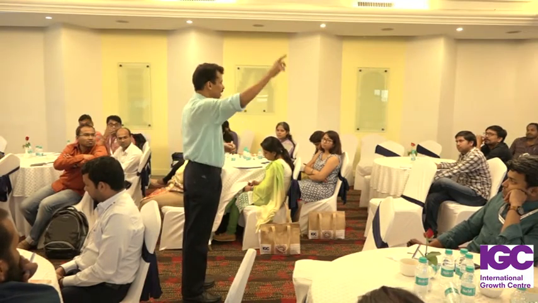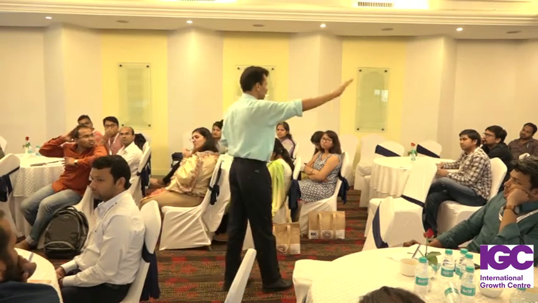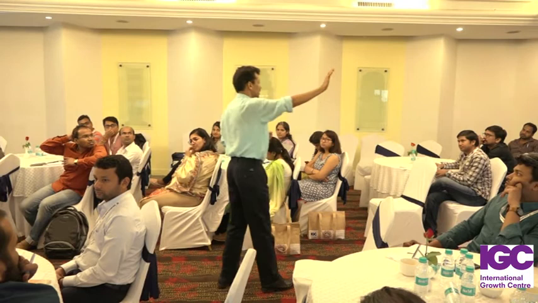But if you don't allow labor movement from one industry to the other because of labor laws... What is the labor law? The labor law says that if 100 workers are employed in your factory, you cannot touch them, you cannot retrench those workers, right? This law is still a law.